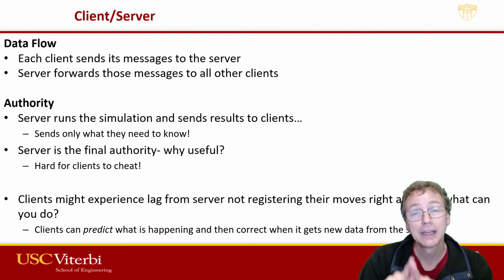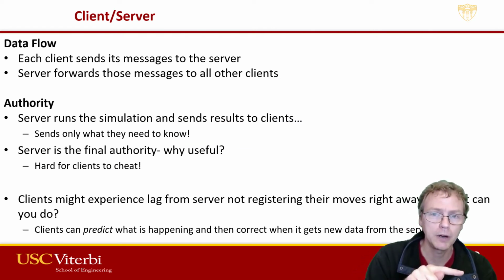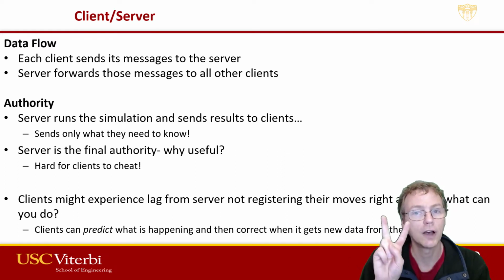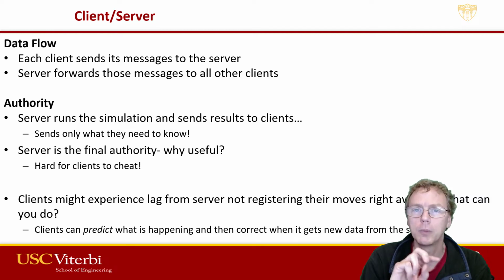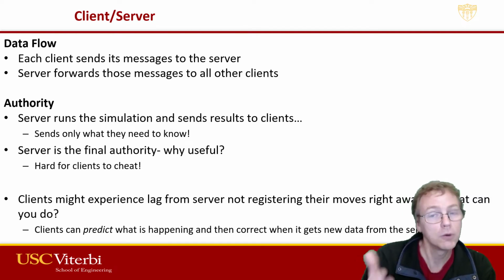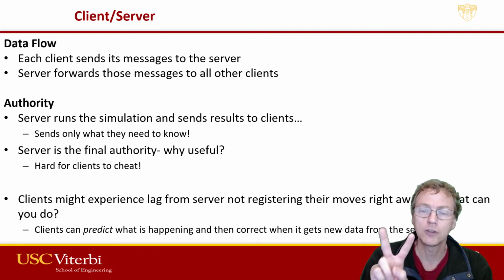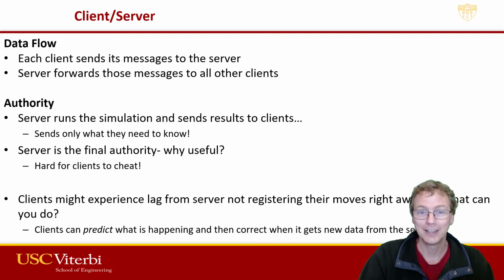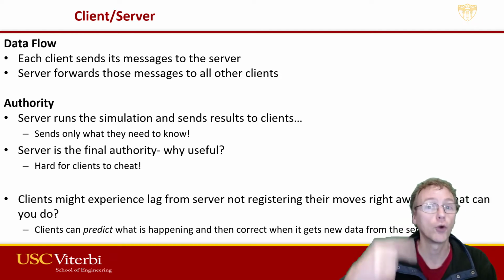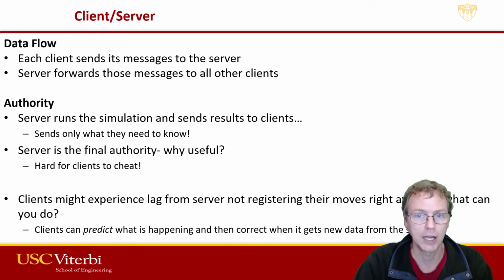Now, like what I said with the peer-to-peer mode, there's 2 ways of looking at whether we are client-server or peer-to-peer. One is the data flow, which was pretty obvious. But let's not assume that just because the data flow is a client-server model, it necessarily means that the authority model is also client-server.